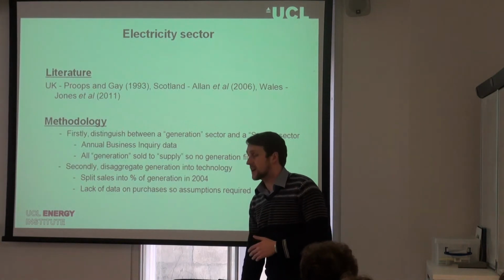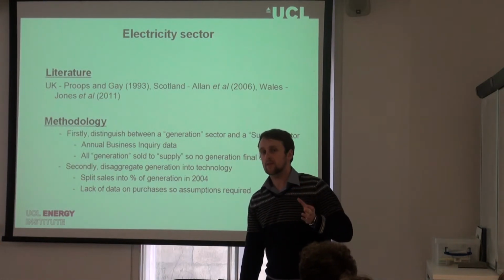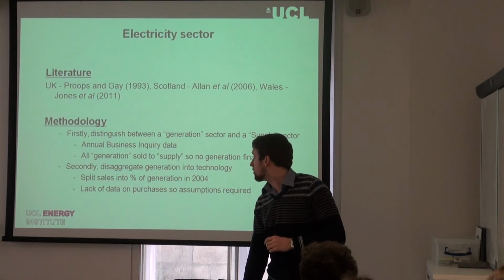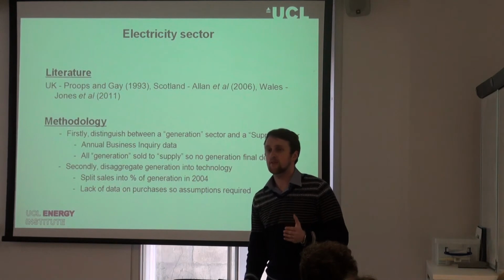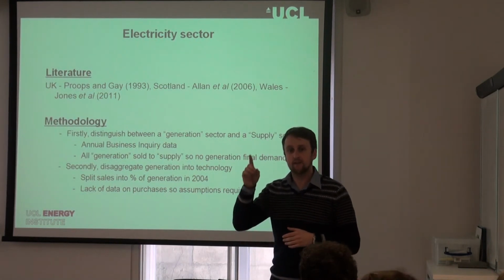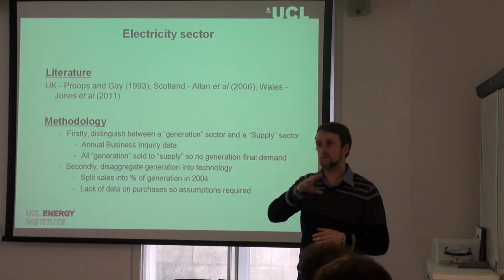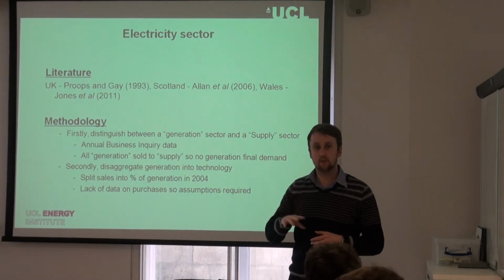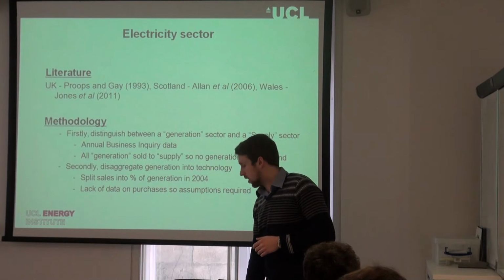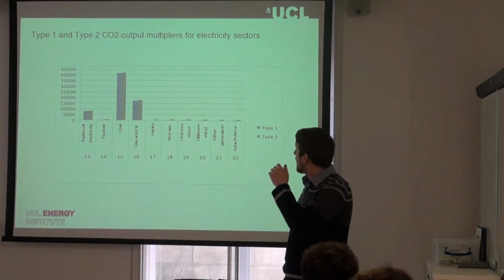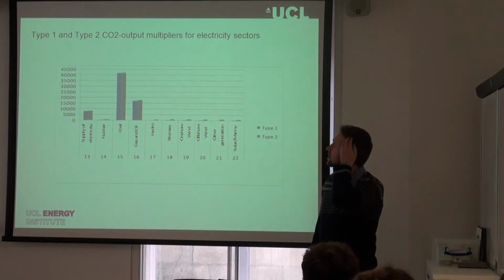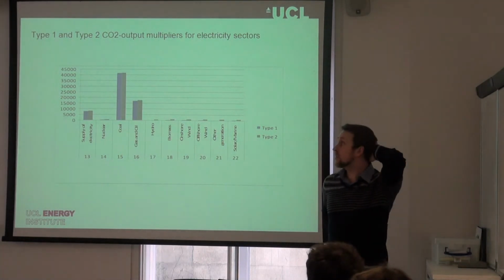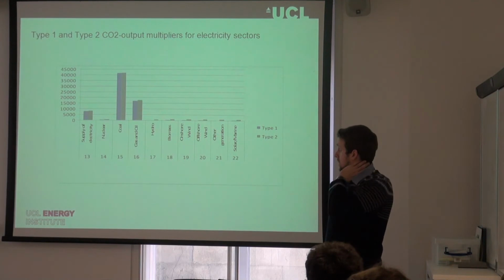So I tried to split it down based on some assumptions and what data I had, to disaggregate the sector from just one economic sector, where you have just electricity and all its purchases and sales, into lots of different technologies and all of their purchases and sales. And then attach the environmental accounts to those sectors as well.